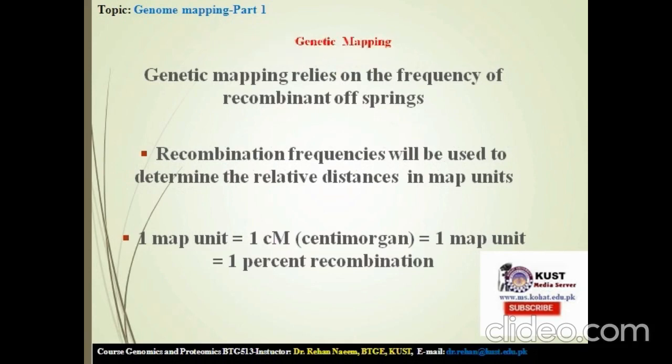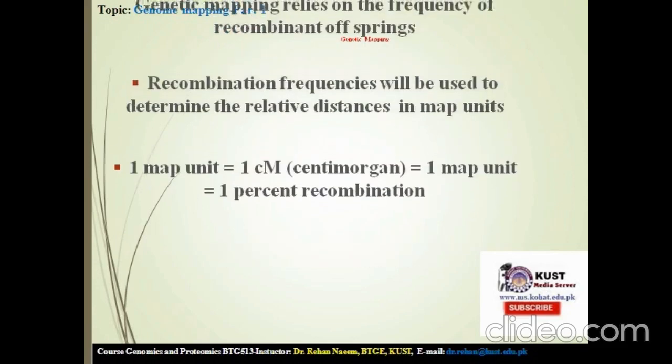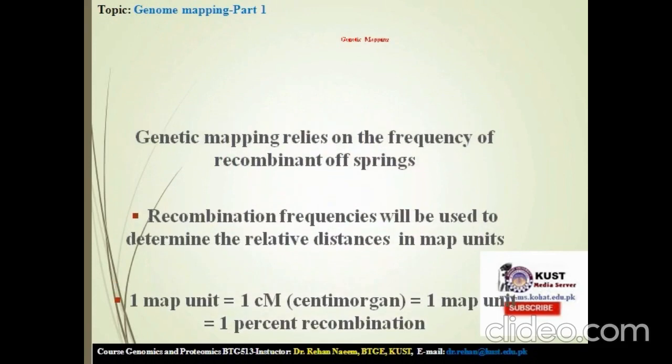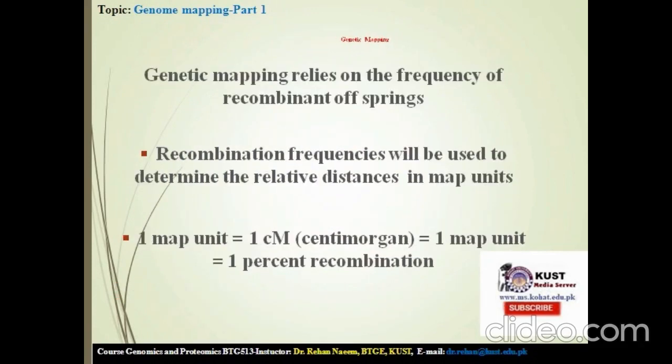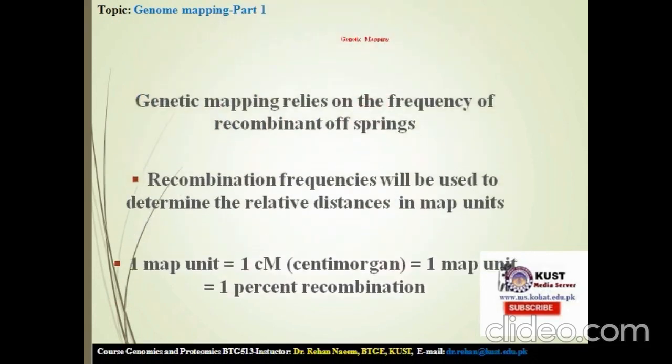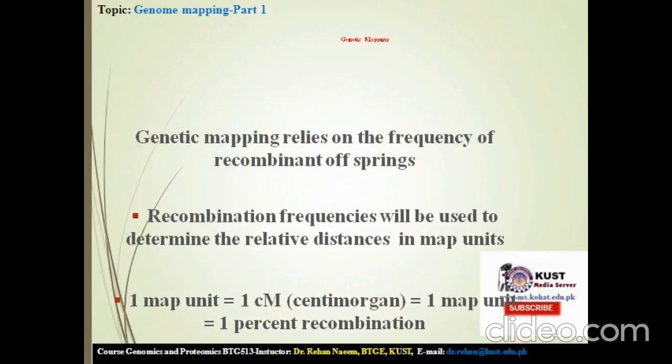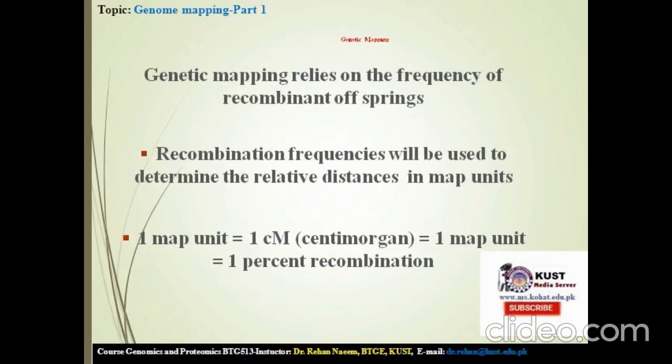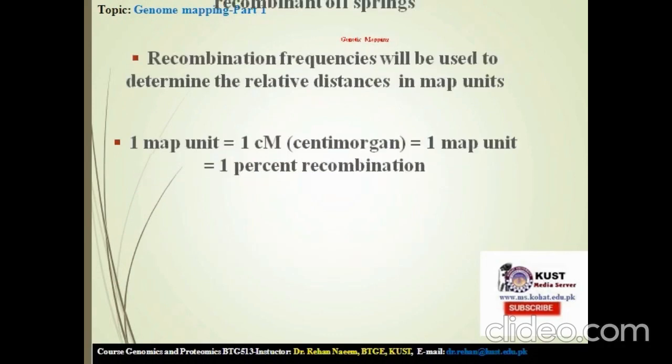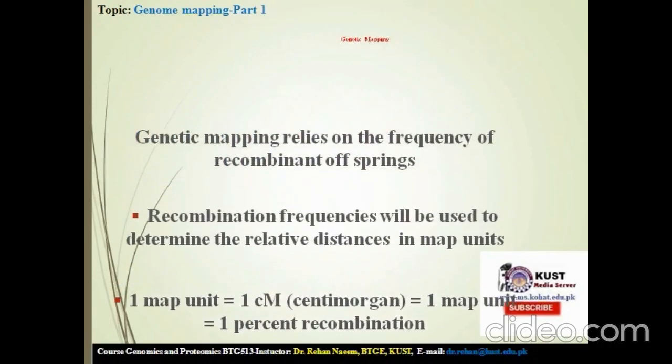Recombination frequencies give us information about the linkage, which is described in the form of map units, and the relative distance between the genes is described in the form of map units, which is actually 1 centimorgan. 1 map unit is equal to 1 centimorgan, which explains the percentage of recombination.